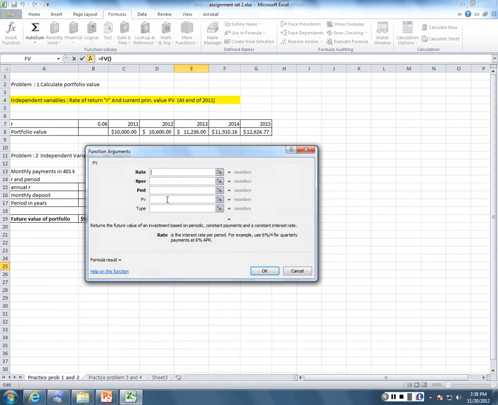Now, when would you use both payment and present value? When do you think you would use that? You're trying to find out the future value when you have, so let's give an example. Let's say you had $20,000 in a mutual fund. That's your present value.